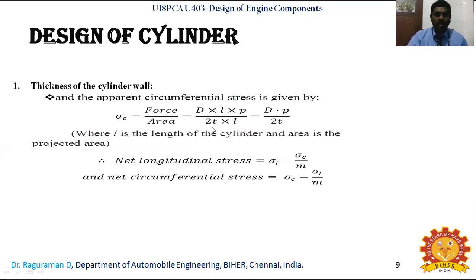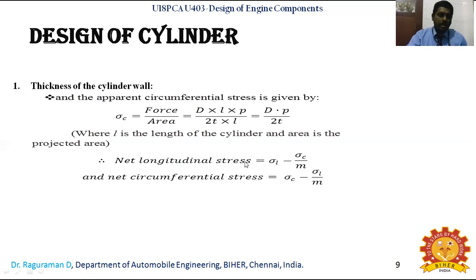And the area will be 2 times the thickness, because on the cylinder liner the left side has one thickness and the right side has one thickness. So you multiply 2 times the thickness by the length. That's the longitudinal cross section you are considering for the circumferential stress. The L and L cancel, so you get D into p divided by 2t. Here L is the length of the cylinder, and the projected area is 2t into L.